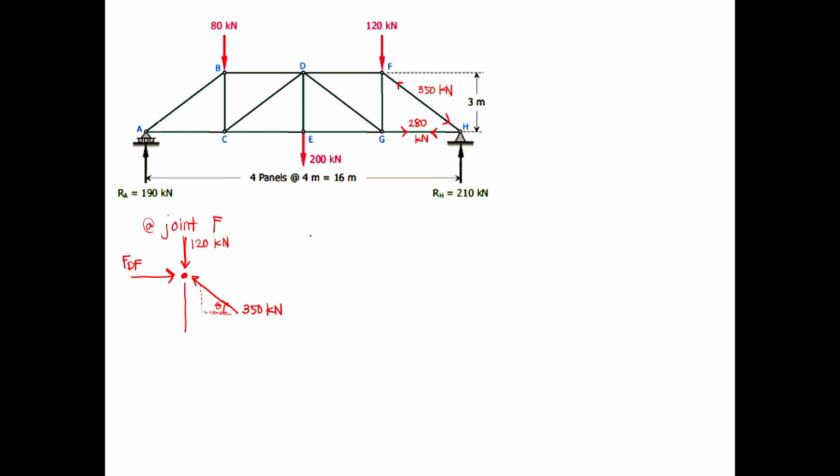To start off with the horizontal load, that will be cosine 36.87, equal to the adjacent side, which is the horizontal component, force HF horizontal, over force HF, which is 350 kilonewtons.